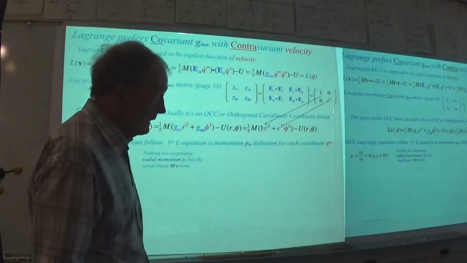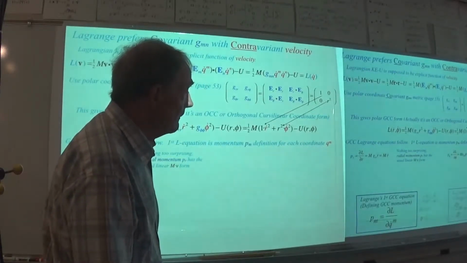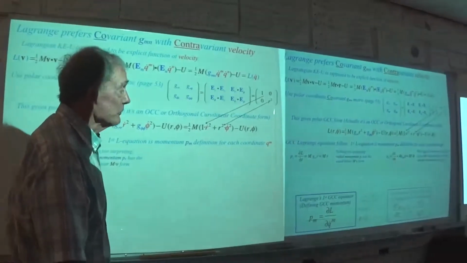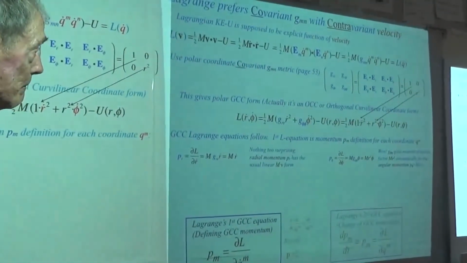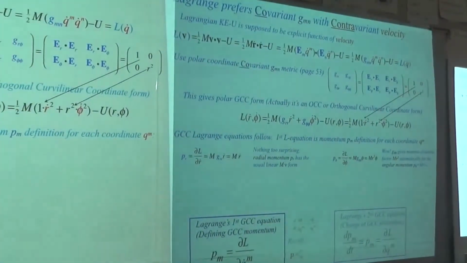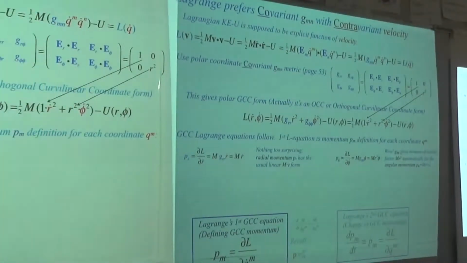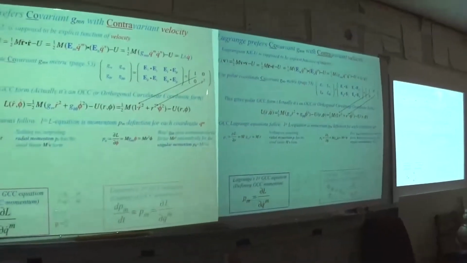But the next one we'd like to look at is the momentum that is the partial derivative of the Lagrangian with respect to the velocity. Let me put that on all three screens and remind you of Lagrange's equations, which is what we're working out here in detail.